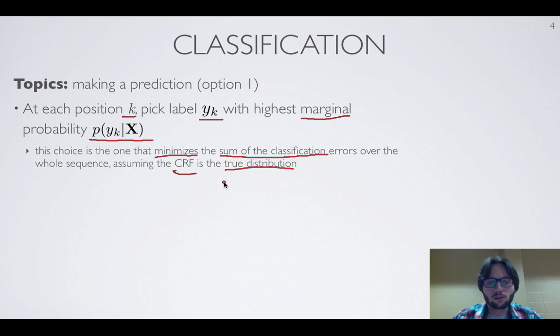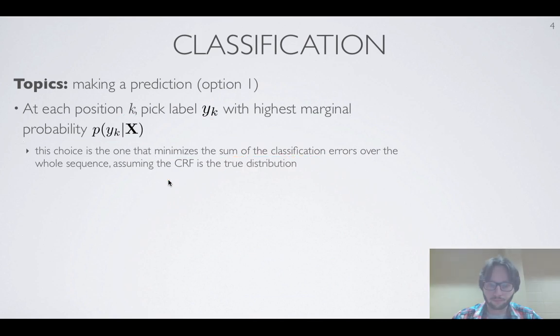This gives some justification for using that procedure, and because this is an interesting concept, I will do the demonstration for why maximizing the marginal distribution at each position corresponds to finding the sequence minimizing the sum of classification errors, if we assume our model is the true distribution.